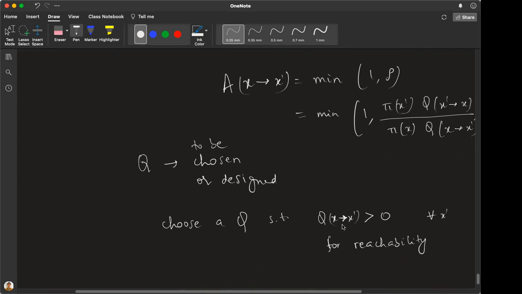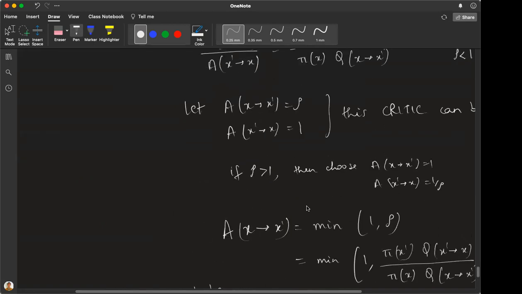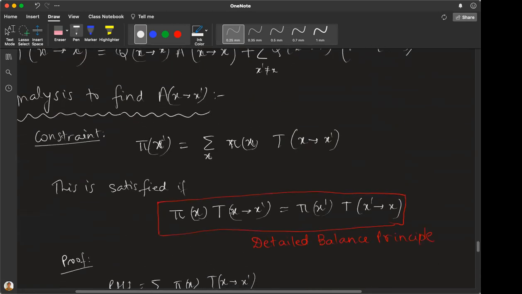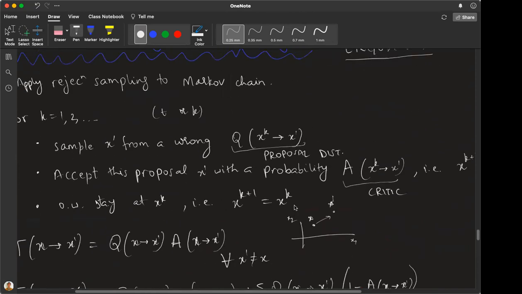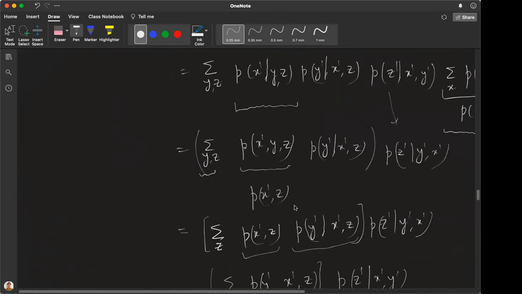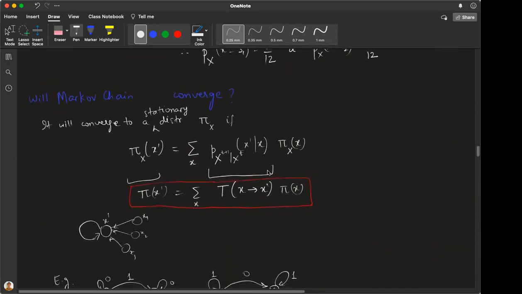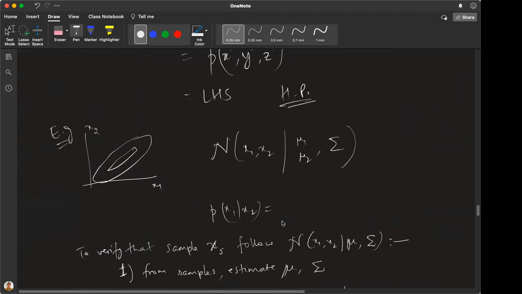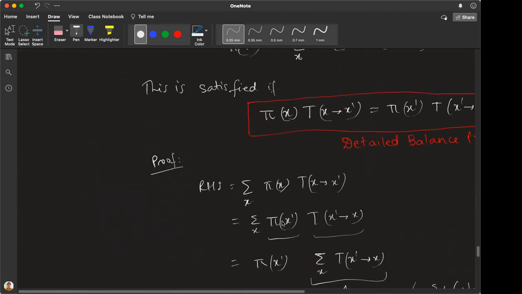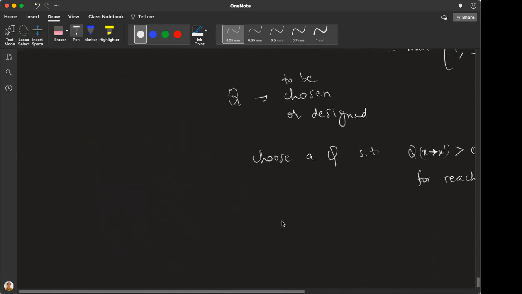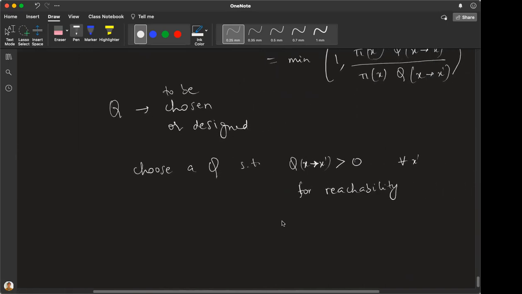Ergodicity means basically that you are sampling in time, which means your transition probabilities converge to your stationary distribution. Remember this condition, ergodicity, and it may not be satisfied if your Q is 0 sometime, right? So you kind of choose your Q such that it is non-zero.